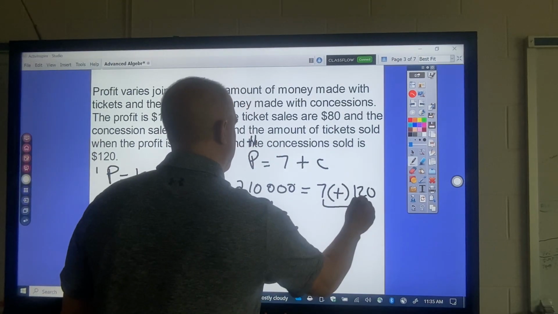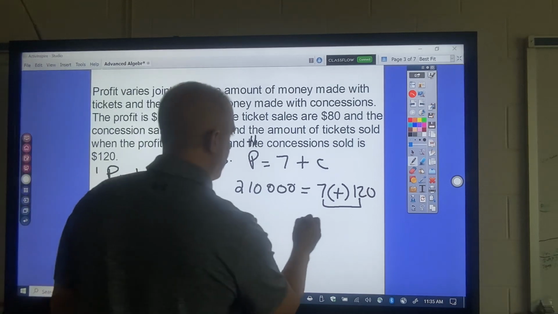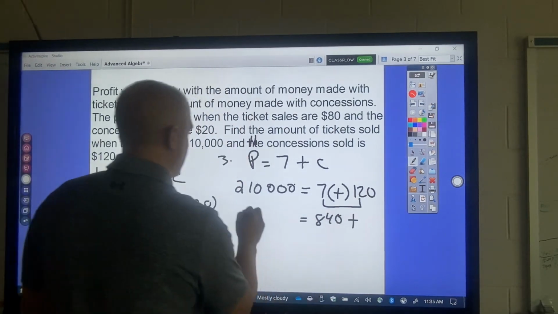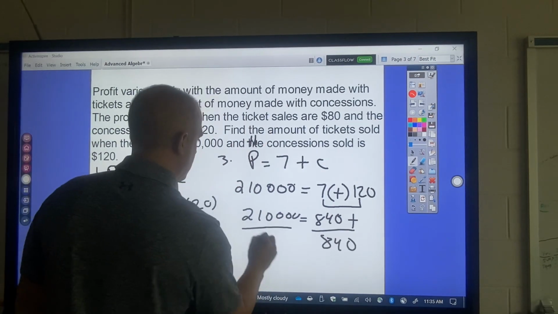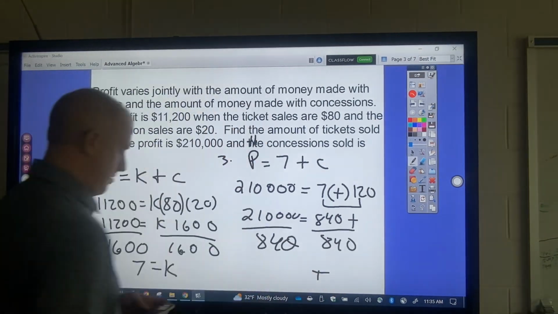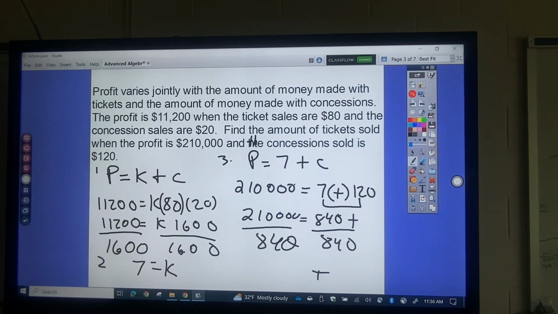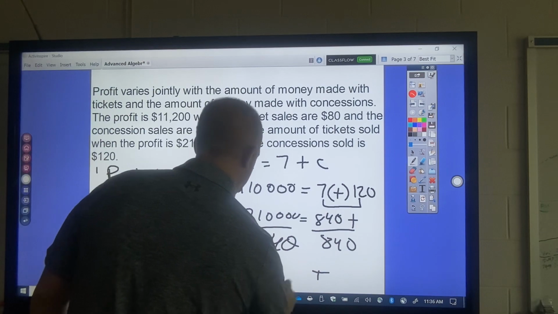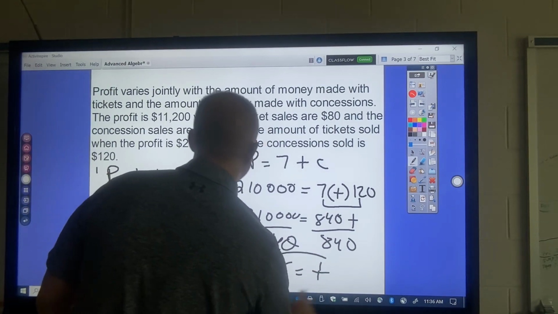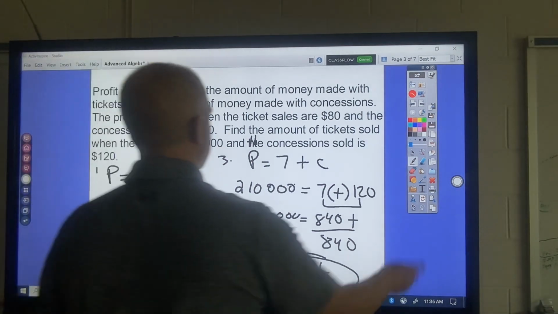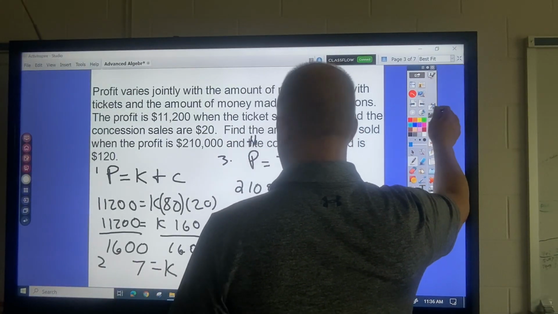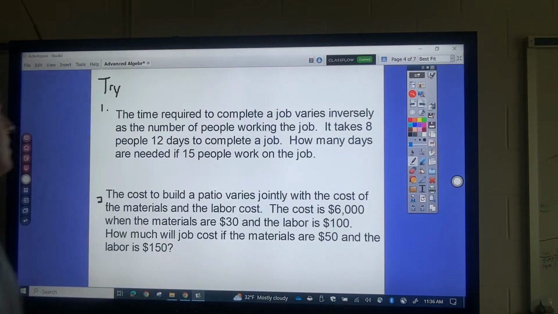Now I multiply those two, so that's 840T equals 210,000, and divide by 840. So 210,000 divided by 840 is 25. Okay, so you can go ahead and practice those on your own.